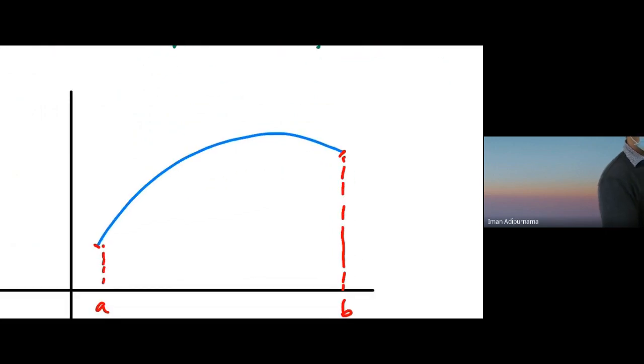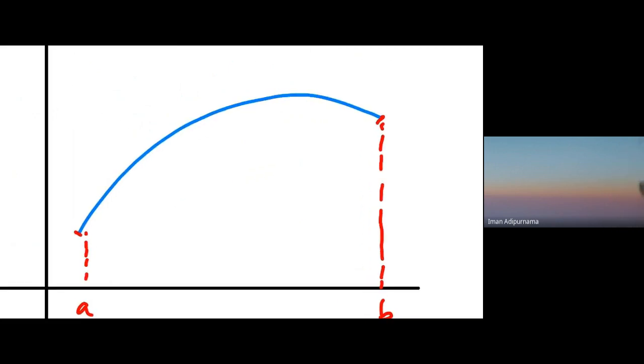This is just an overview. I will let you know the details later. But the idea here is, if you have a tangent line somewhere, maybe here, and let's say it's very, very small, we will have, in this case, dx and dy.